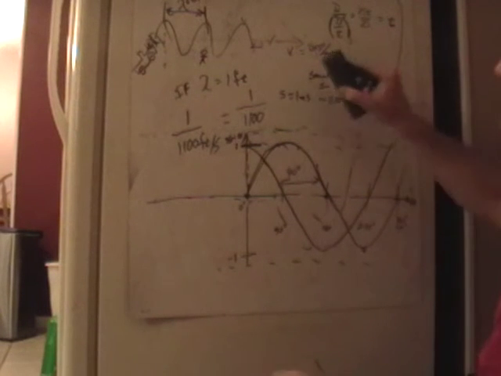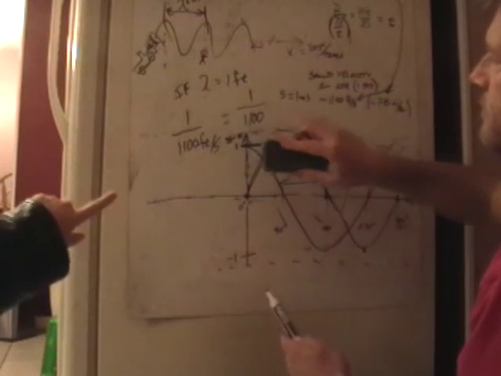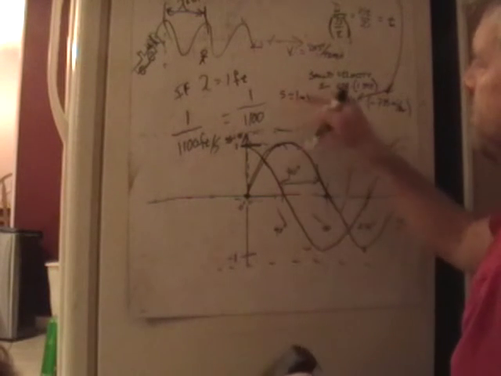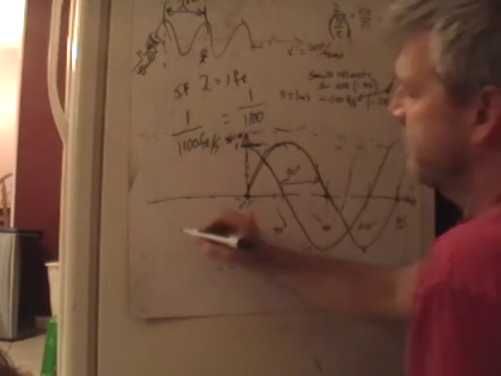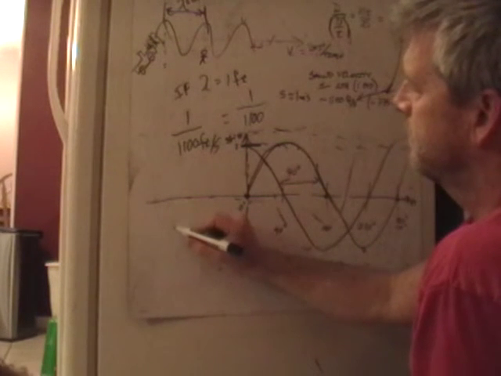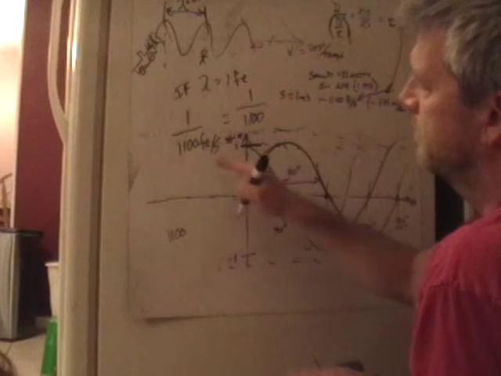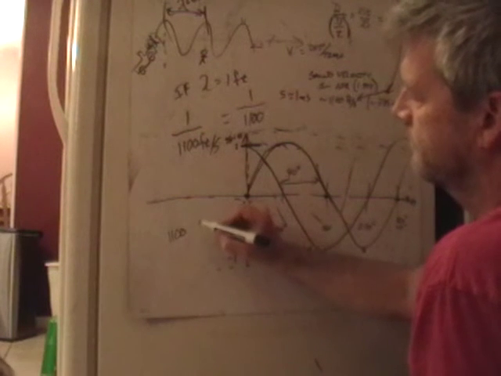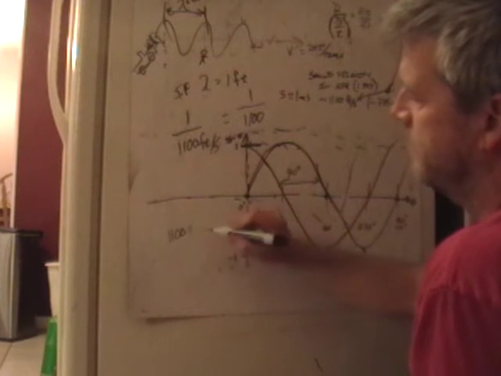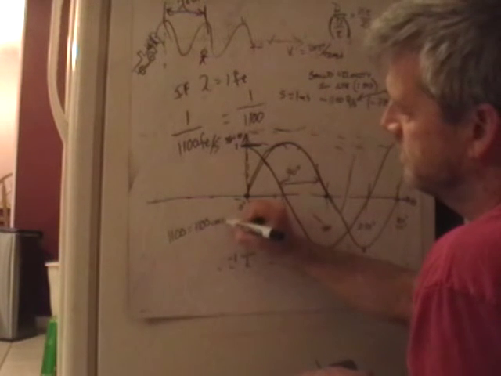All right. So what we got is a propagation velocity, and I have to write that down still. So what this means is 1100 feet per second means there's 1100 cycles.